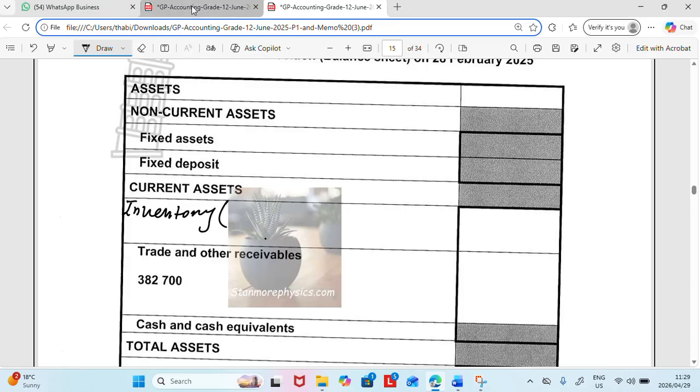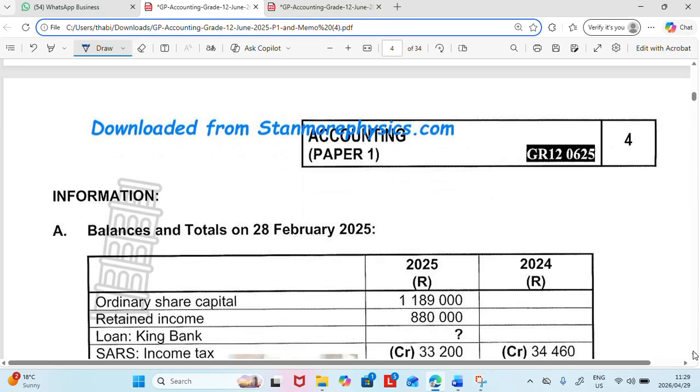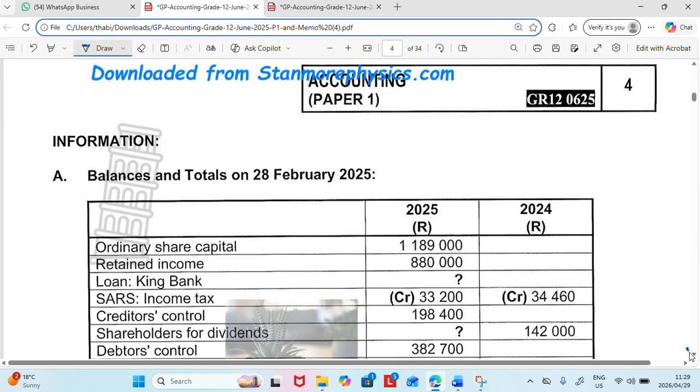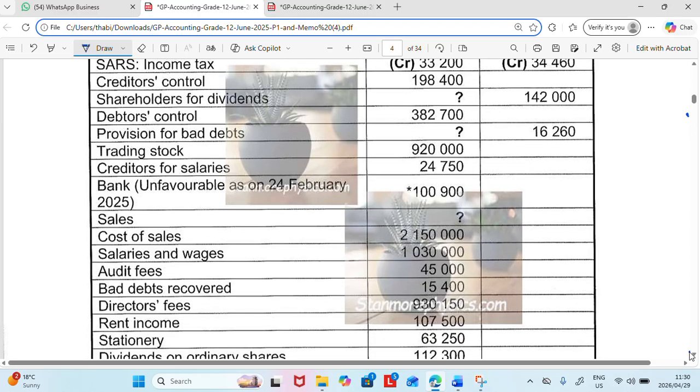Okay, inventory, guys, you need to check the information that were given as well. Information A, we have balances and totals on the 28th of February, balances for our current financial year 2025, balances for our previous period 2024. So we're starting with inventory. Let's focus on inventory. We have trading inventory of 920 from our list of balances.